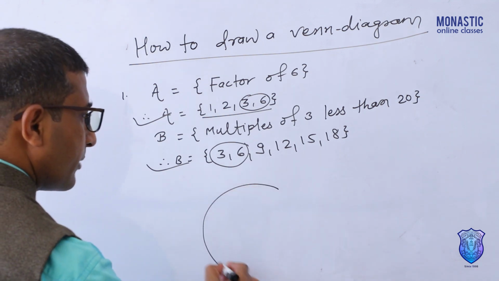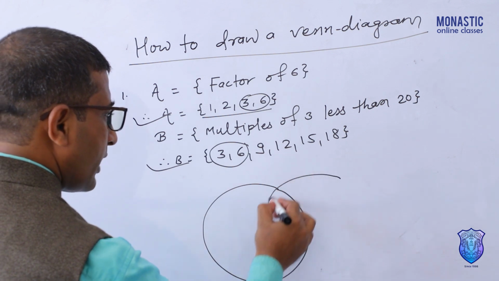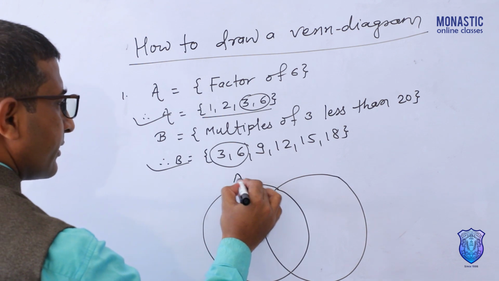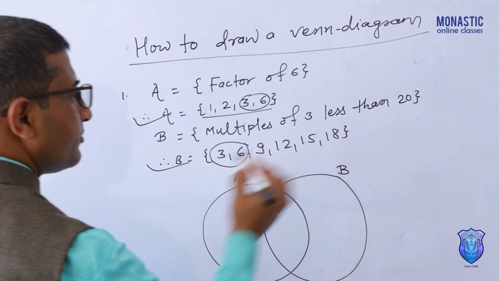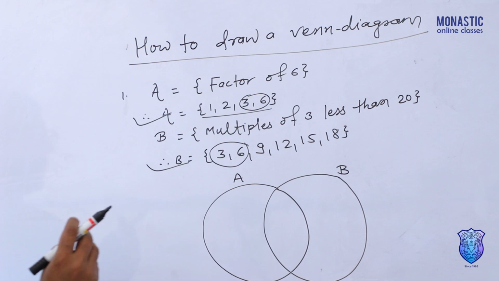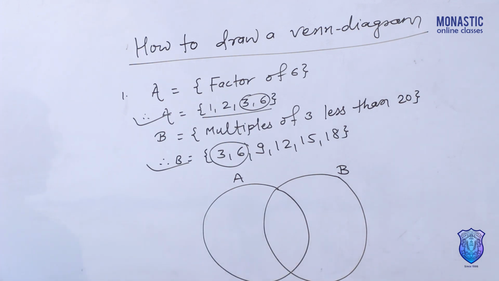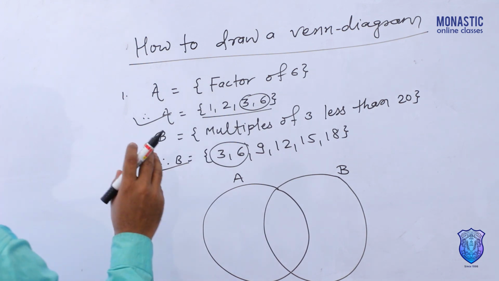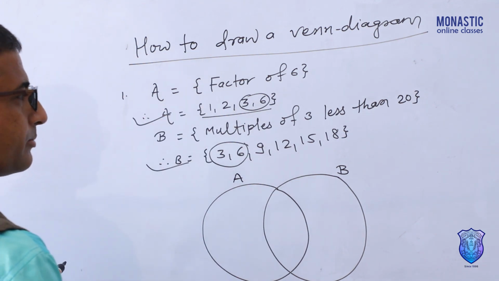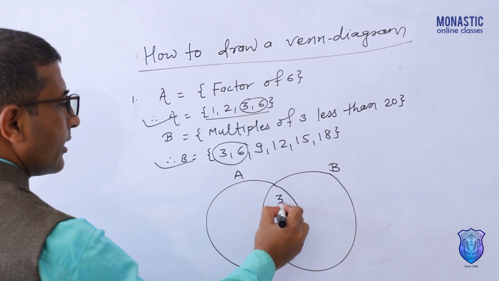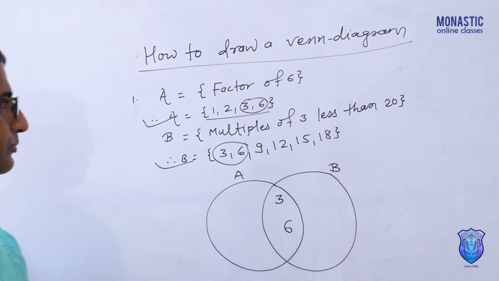When they are overlapping sets, we have to draw a Venn diagram like this. That's A, that's B. When we have to write the elements inside it, we will always start with the common parts. So what's common in these two? They are 3 and 6.